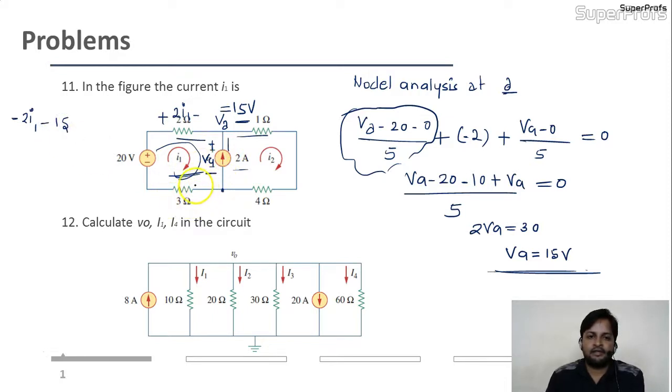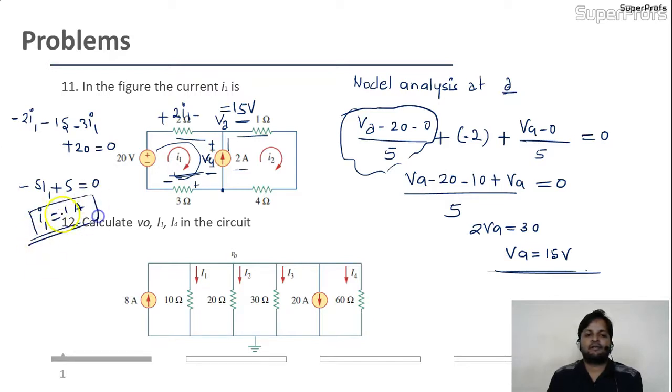Come here, again minus 3I1, plus 20, equal to 0. Minus 2I1 minus 3I1 is minus 5I1. Minus 15 plus 20 is 5, equal to 0. Finally I1 equal to 1 ampere.